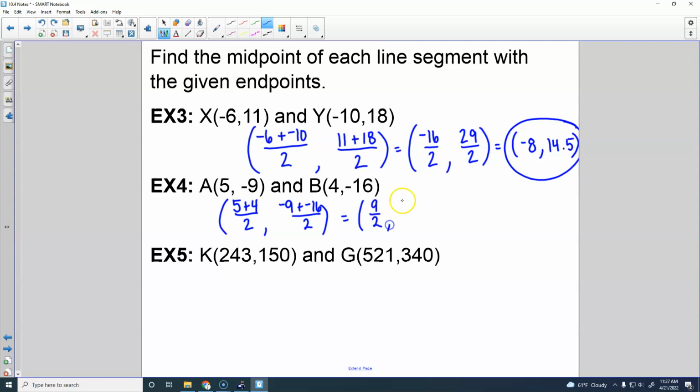Good, so I got 9 halves, and then what do I get for the second part, Vince? Good, negative 25 over 2. And so you can do it like this, or you could do a decimal, 4.5, and negative 12.5.